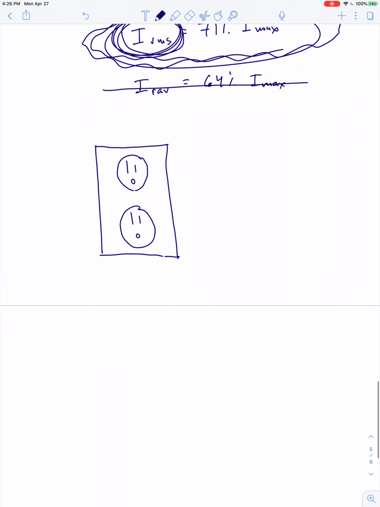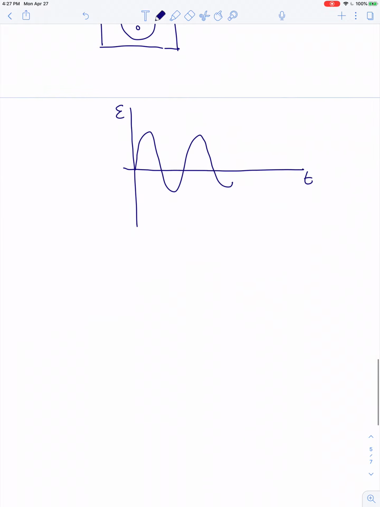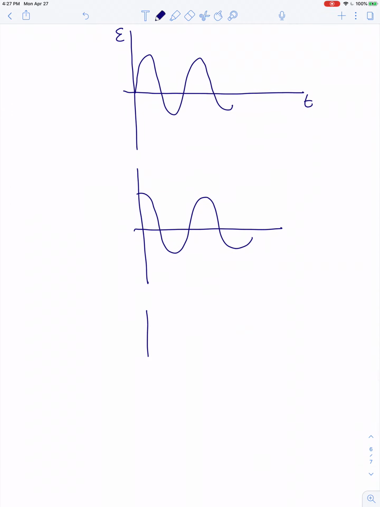So what type of voltage do we have here? We often refer to these as 120 volt outlets. So if we make a graph of the EMF that's available versus time, is that it? Is it a graph of sine, or is it a graph of cosine? Or shoot, maybe it's a graph of negative sine. Well, the truth is, none of that matters.